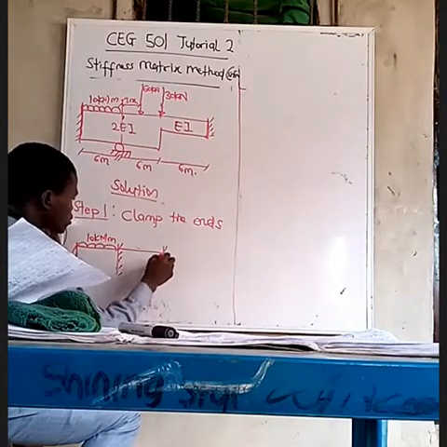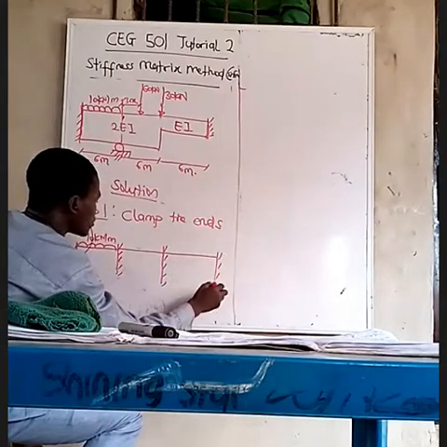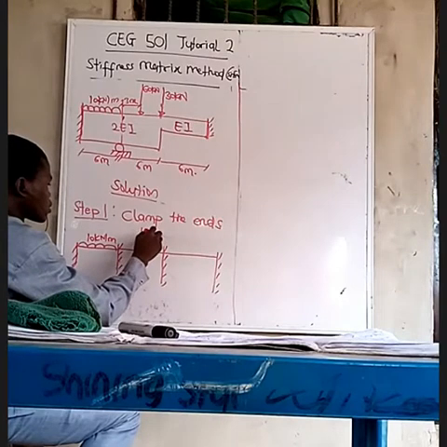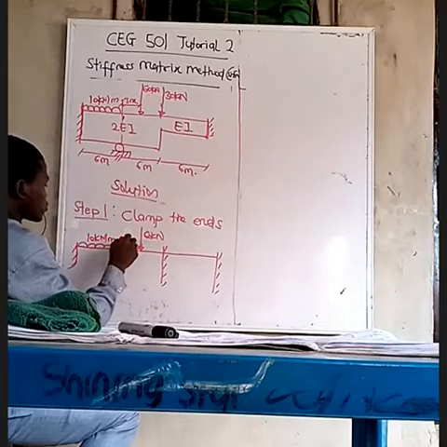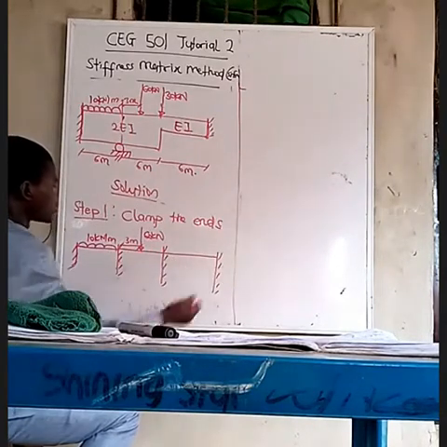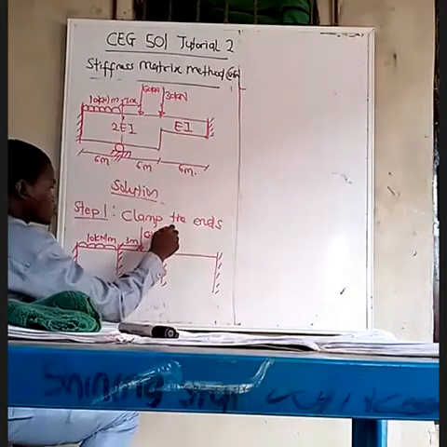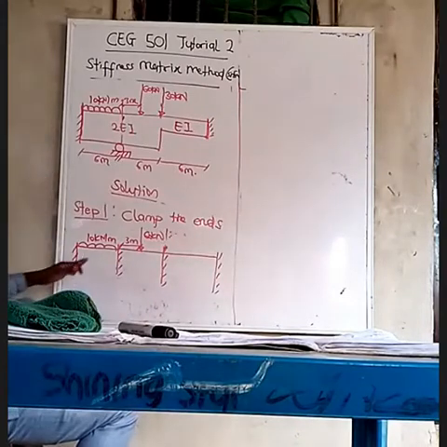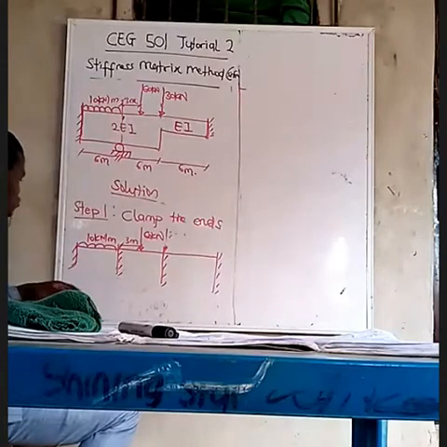Then this one also, you clamp it. So this is 60 kilonewton. This 3 meters. And then we have 6 meters. 50 kilonewton is acting here. So we have done the clamping now.